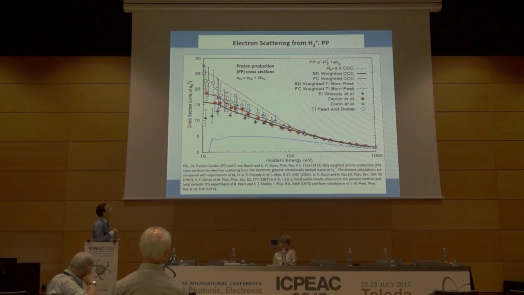In the intermediate energy region, we're again in good agreement with experiment. However, our agreement with the first order calculations of Peek starts to disagree, which is what we'd expect from the first order method. And then in the low energy region, there are large discrepancies between experiments, and that's from the different vibrational populations which they have in their experiment. And we are in quite good agreement with Dunn.